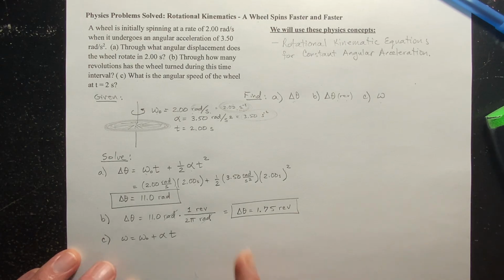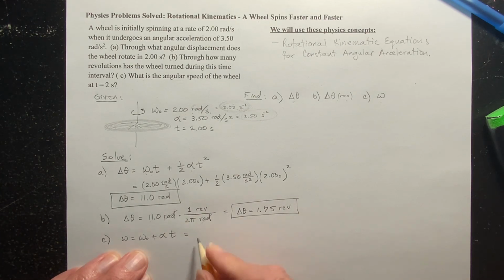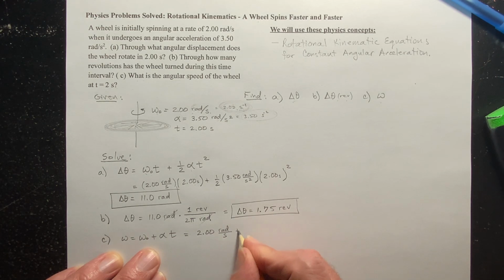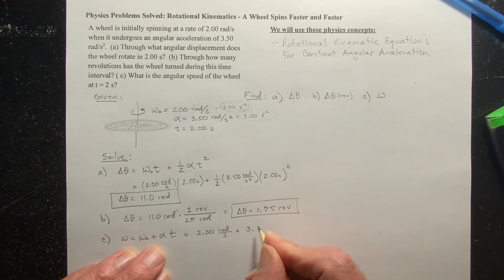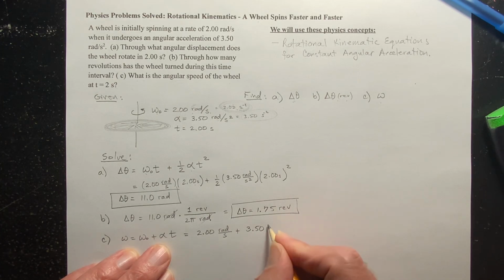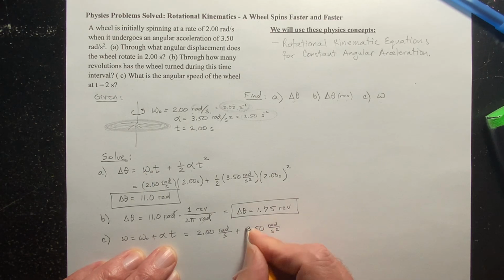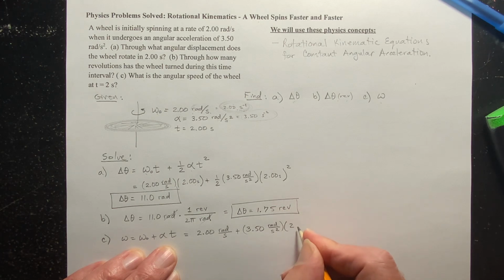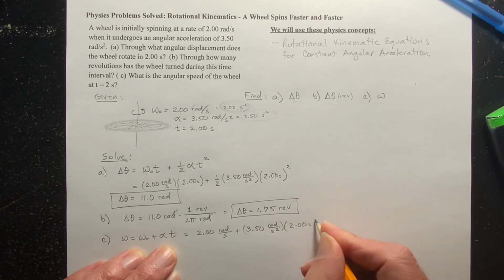Okay, and now we can plug this in. This was given to be 2.00 radians every second, plus now it increases its angular velocity by 3.50 radians per second every second, or radians per second squared, times 2.00 seconds.